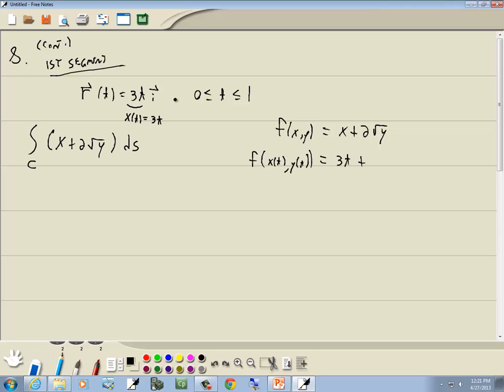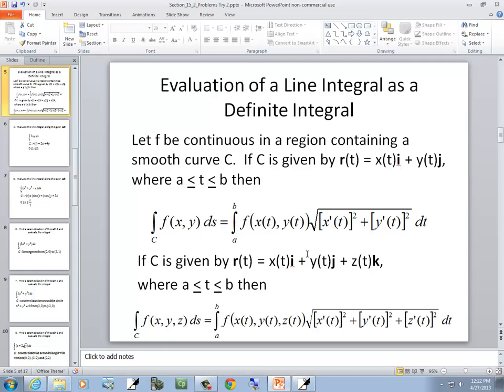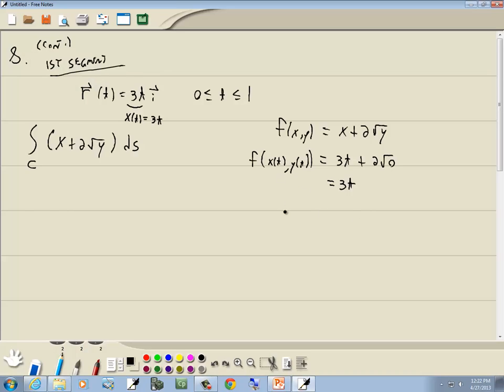And y we don't have. y of t is missing, so that means that's 0. So that's 2 times square root of 0, which gives us 3t. That's what this is. Now we need x prime and y prime. Well, x prime. If x is equal to this, then derivative of 3t is 3. Now for y prime, well, there is no y here, so 0, and derivative of 0 is 0.